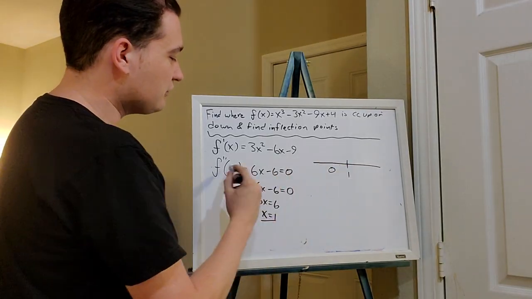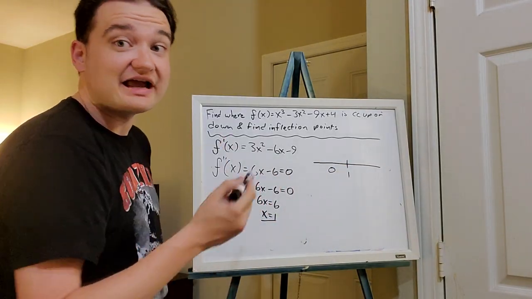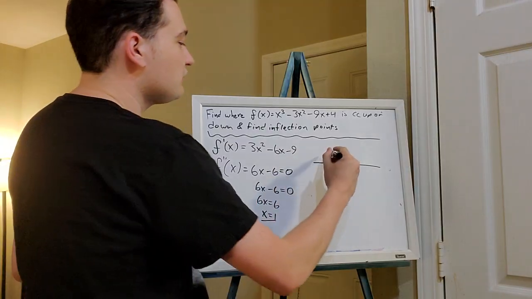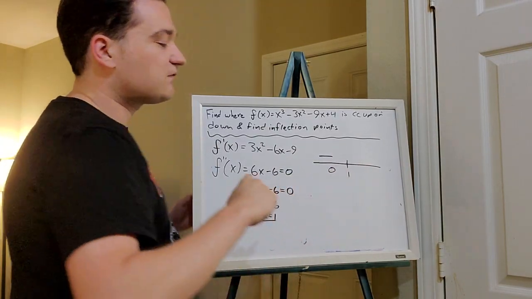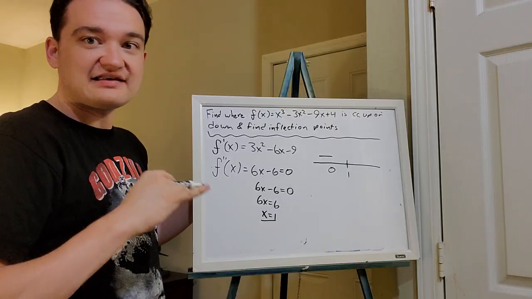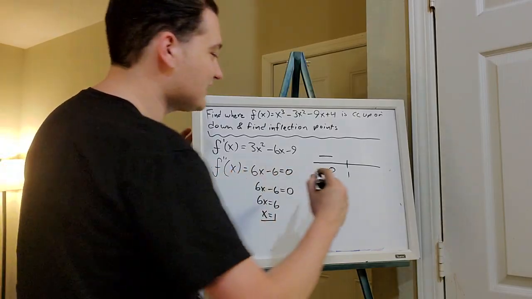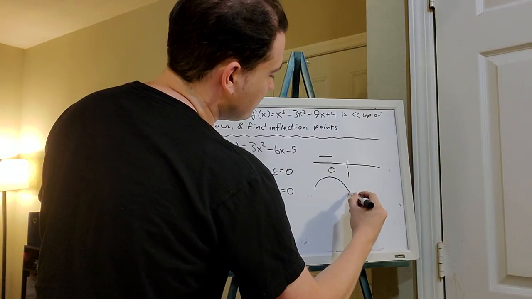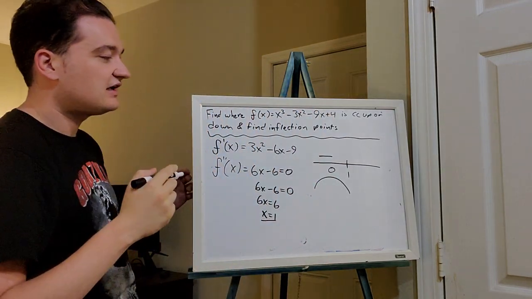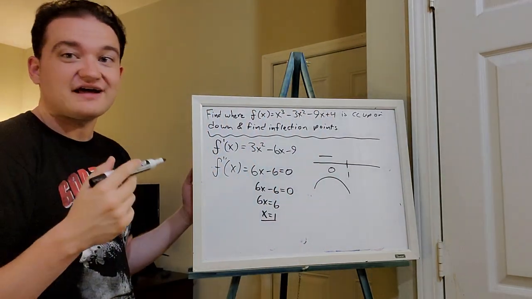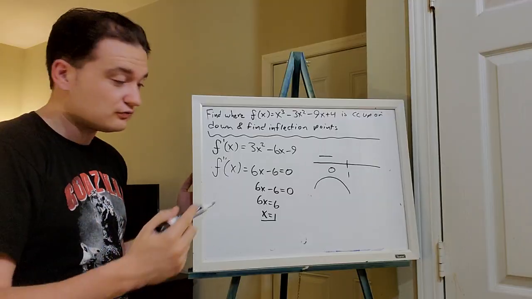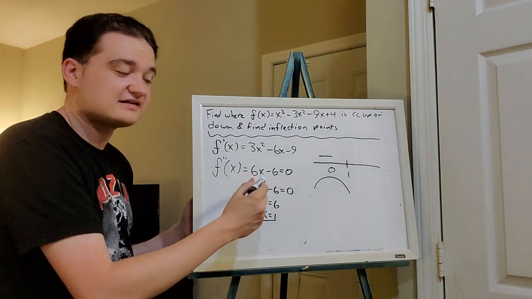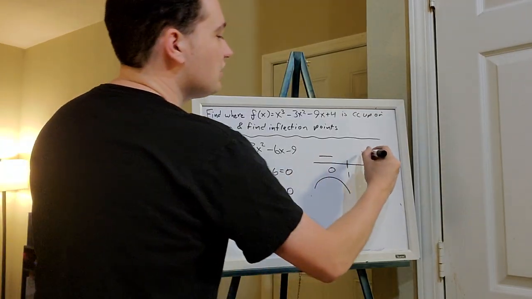If we plug 0 into the second derivative, we get -6, which is negative. For all the x values less than 1, we are concave down. Upside down bowl. And then we're going to take a value bigger than 1, let's say 2. 6 times 2 is 12, minus 6 is 6. Positive.